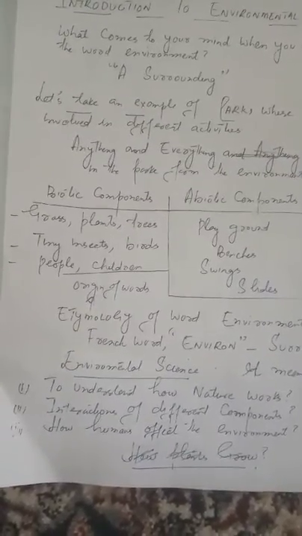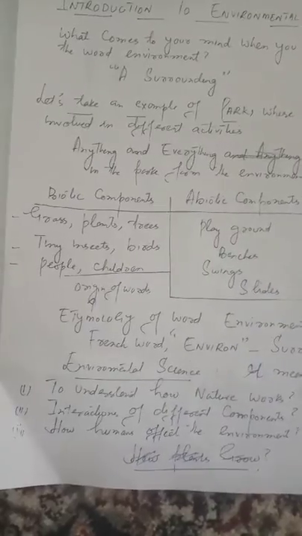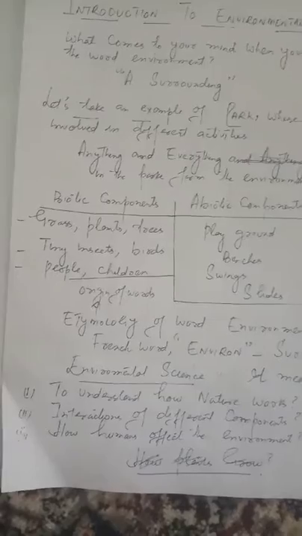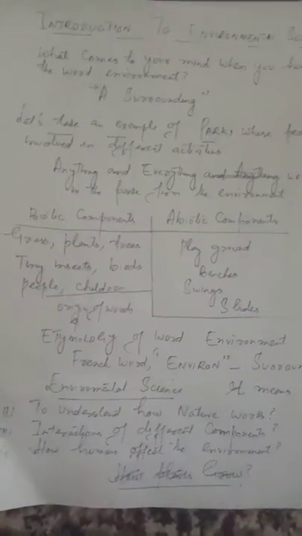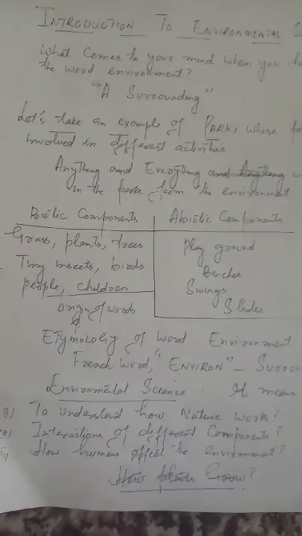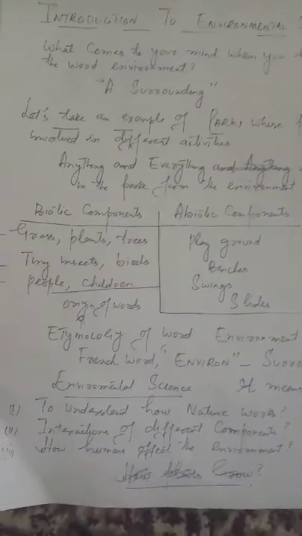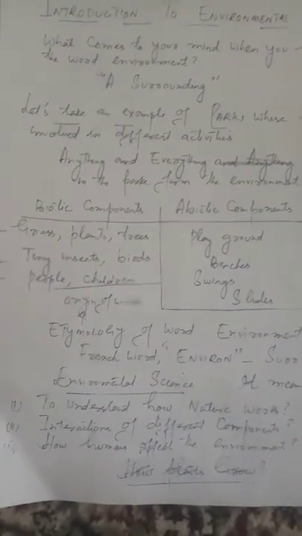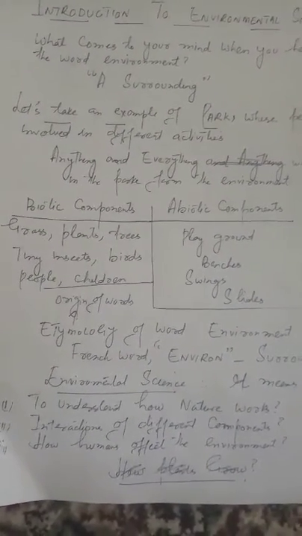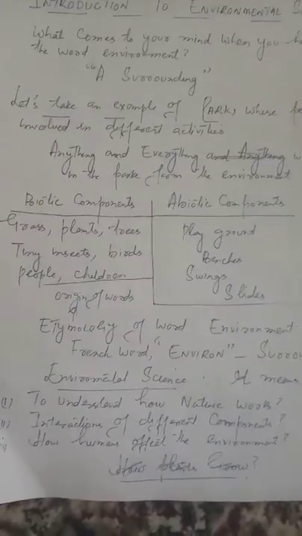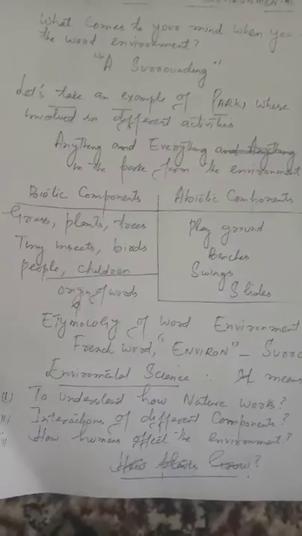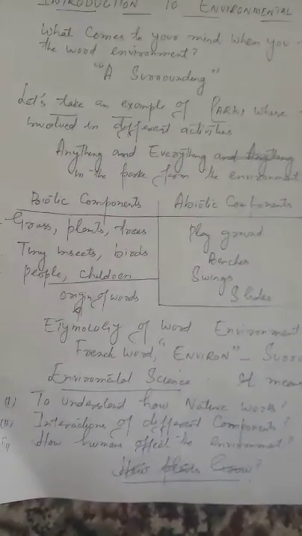They form one category, and playground, air, water, swing, slides, bench, they form another category. In scientific terminology, the first category comes under living things, and the second category is non-living things. Living things, why? Because they have life. Their life processes are going on in these things.